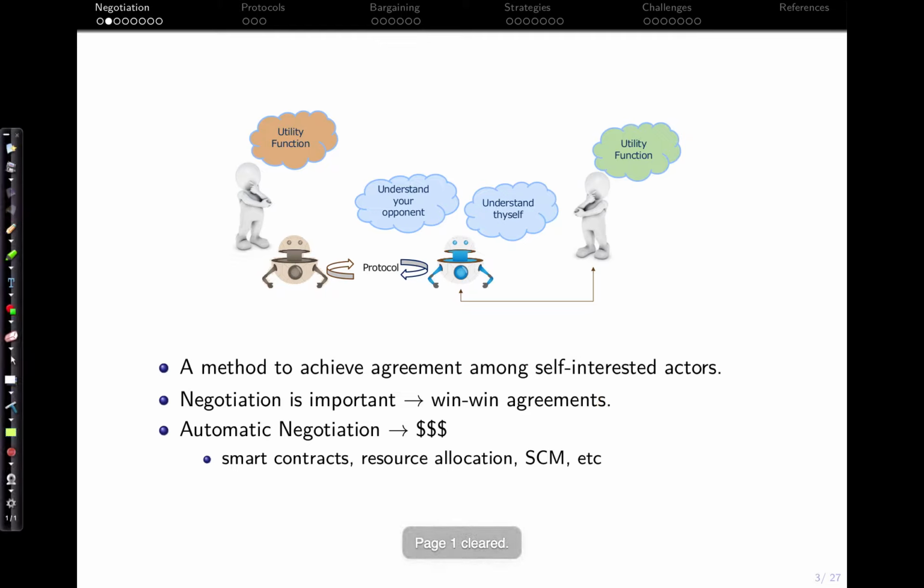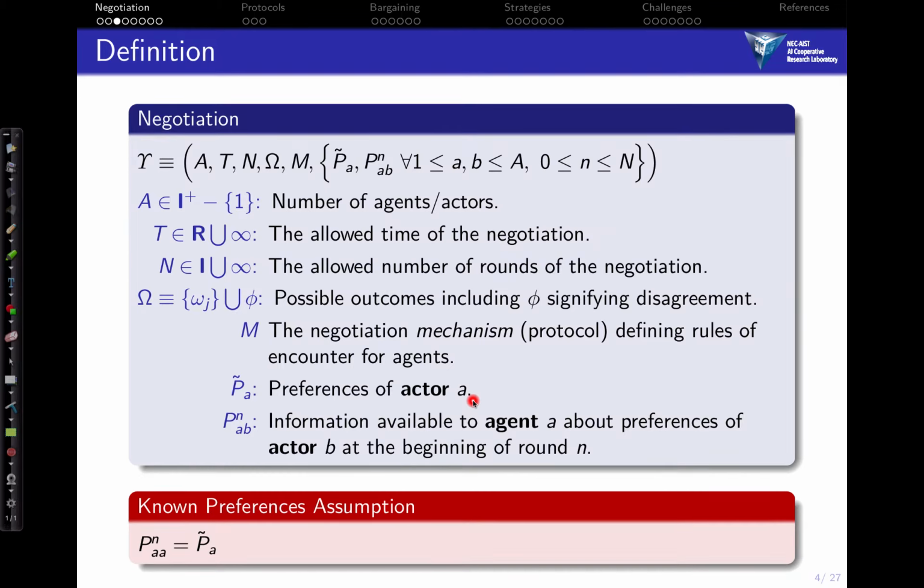So let's go into some more details about how a negotiation scenario is represented. A negotiation is represented by this tuple. The first thing we need is to know how many agents or actors there are. Notice that there is a 1-1 mapping between agents and actors. In this very short introduction, I will not distinguish them very carefully.